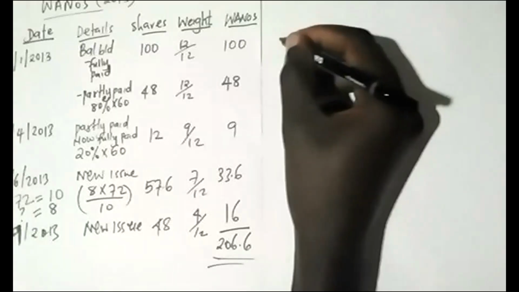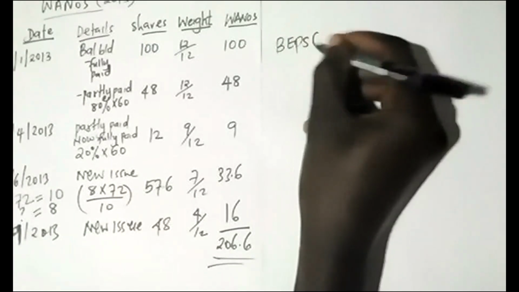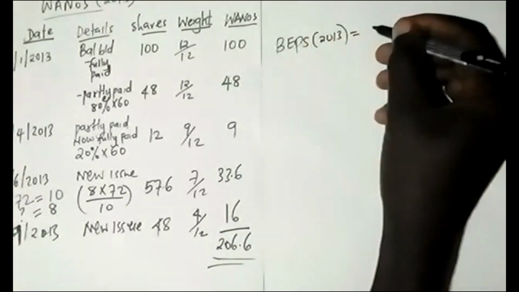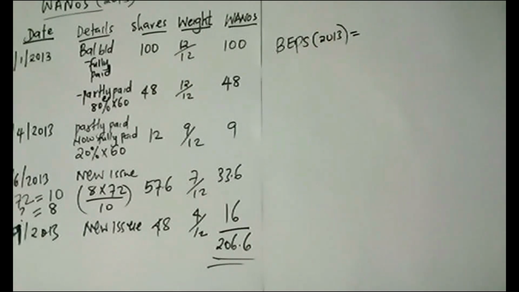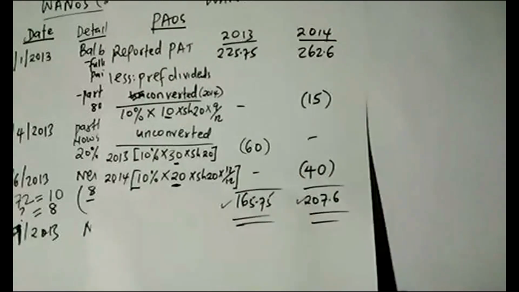So now we can get the basic earnings per share. The basic earnings per share for 2013 is all about the profits, which we already got from our first computation, not the requirement. The first computation was this one.